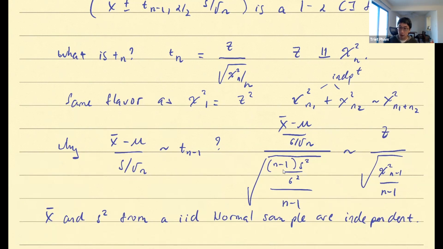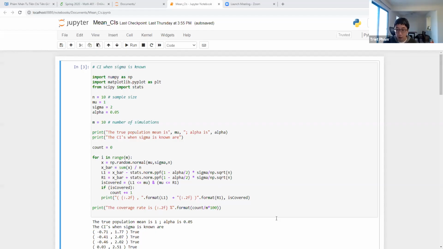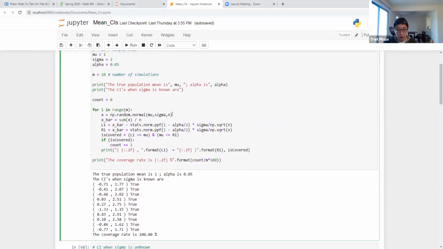Okay. So finally, I just want to show you the simulation. This is the same program as we talked about last time. The first one, remember, is just showing you the concept of confidence intervals, what it means.